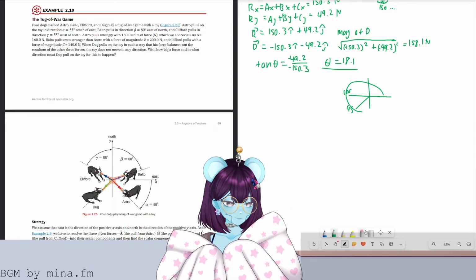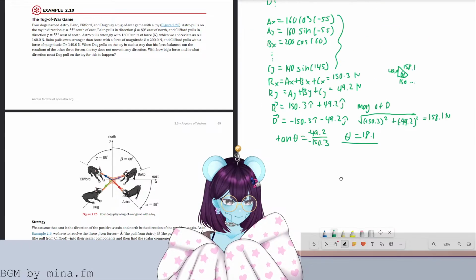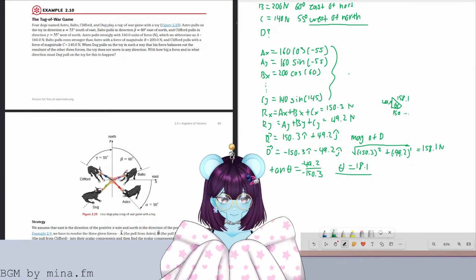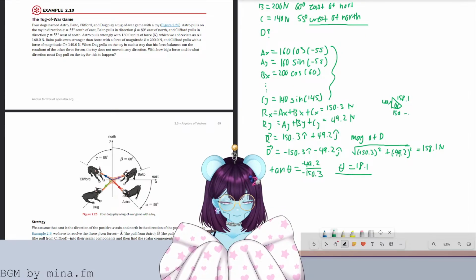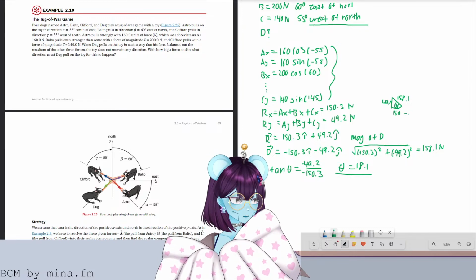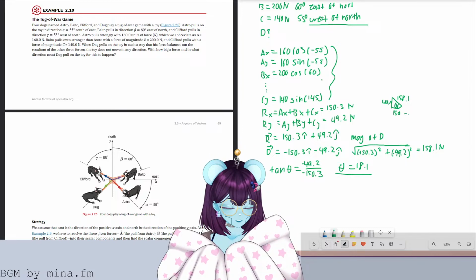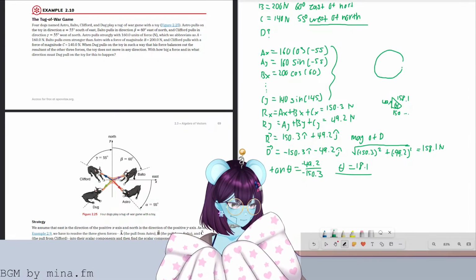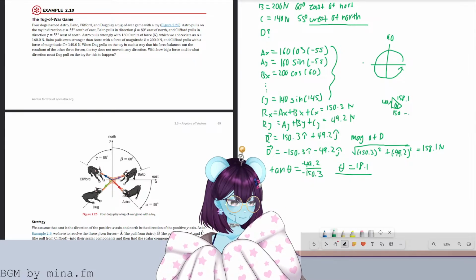So what happened with this specific question was it said 55 degrees west of north, so up here. In the unit circle, which always goes this way, we got our 90, our 180, 270, and our 0 and 360.